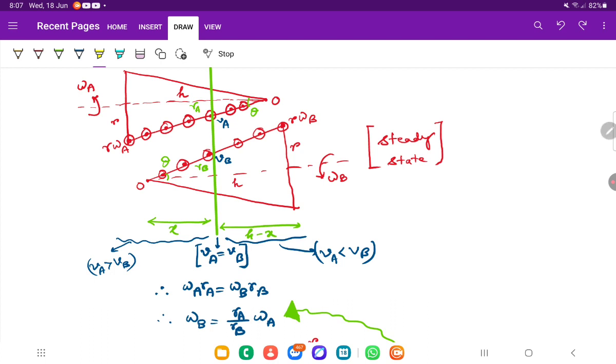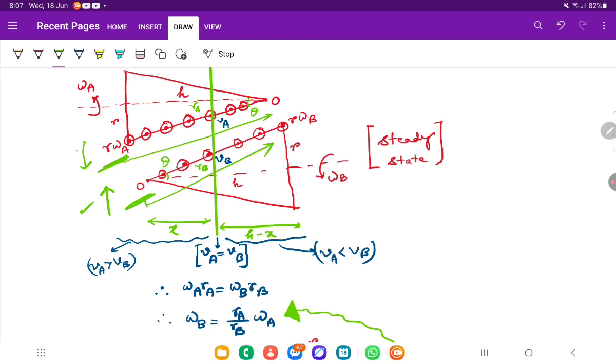Because you can see at the left extreme the point on cone A has a velocity r omega A, but cone B has a velocity 0, and this r omega A gets decreased to 0 at the right extreme, whereas for cone B the velocity value changes gradually from 0 to r omega B at the right extreme. So here the velocity increases and here it decreases from the maximum value, and it is increasing from the minimum value.